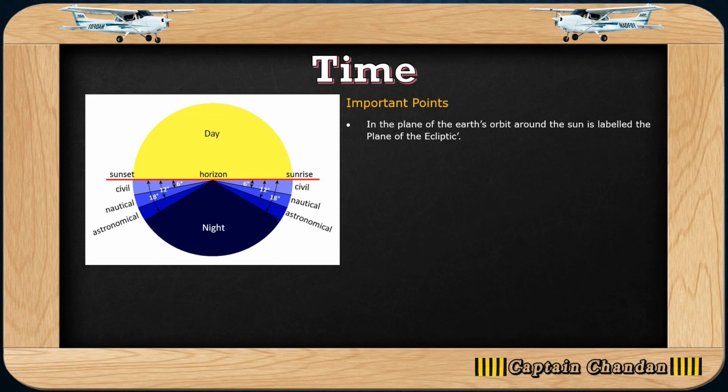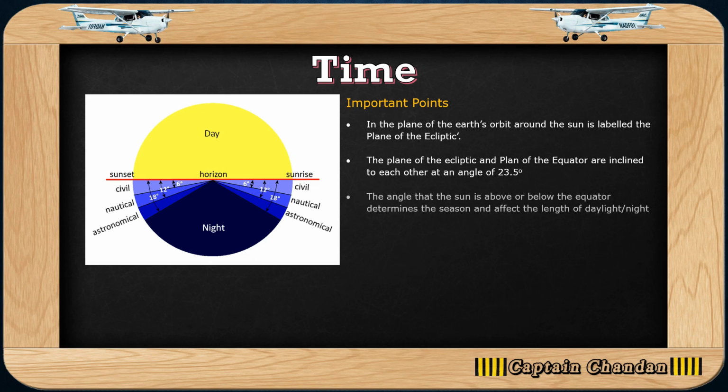Important point. The plane of Earth's orbit around the Sun is labeled the plane of the ecliptic. The plane of the ecliptic and the plane of the equator are inclined to each other at an angle of 23.5 degrees. Remember these terms.